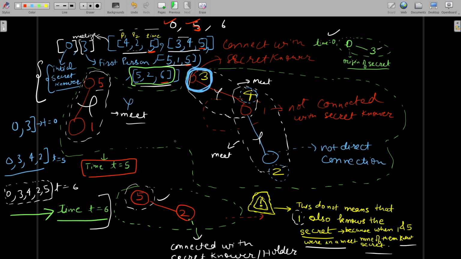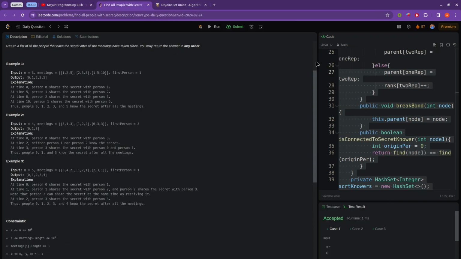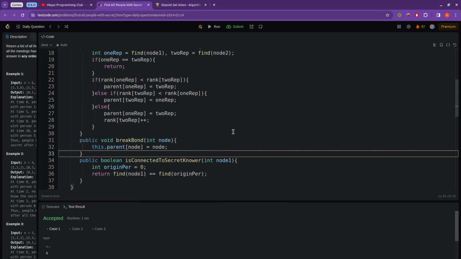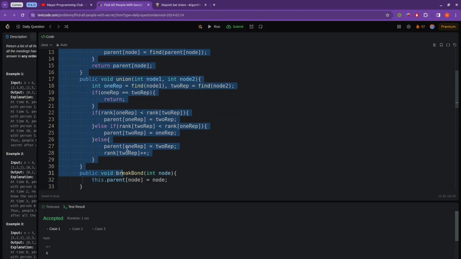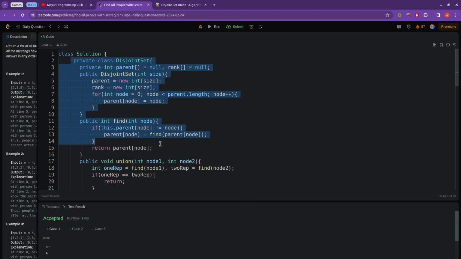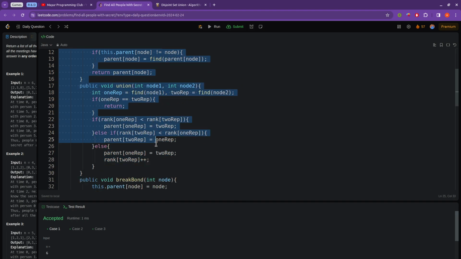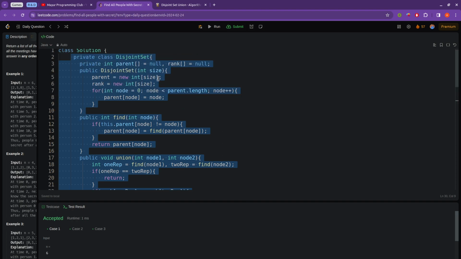Now let's move towards the implementation part. There I will be explaining how the disjoint union set will be helping us to achieve these things. So this is just a standard implementation of disjoint union set. There are two operations, find and union, and there are some initializations of our disjoint set.